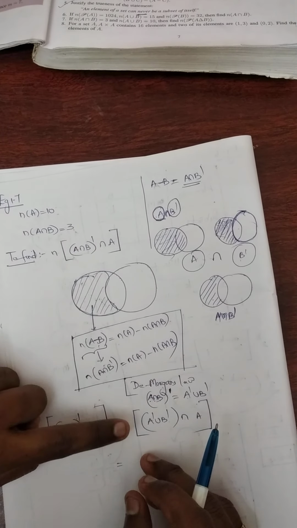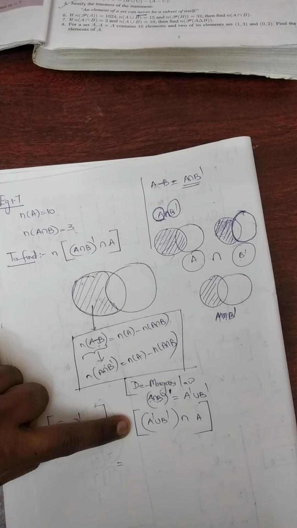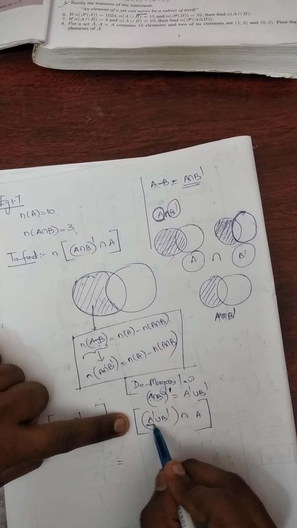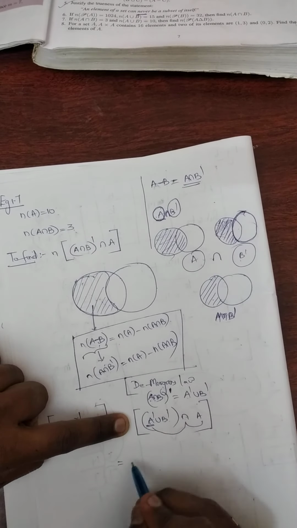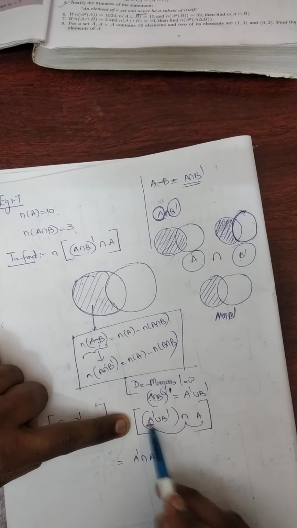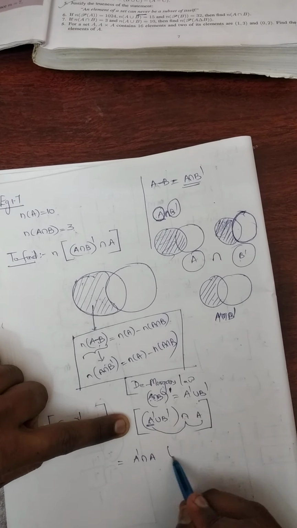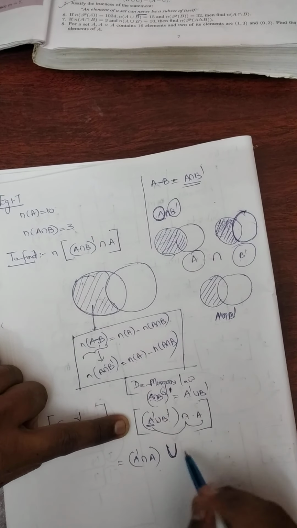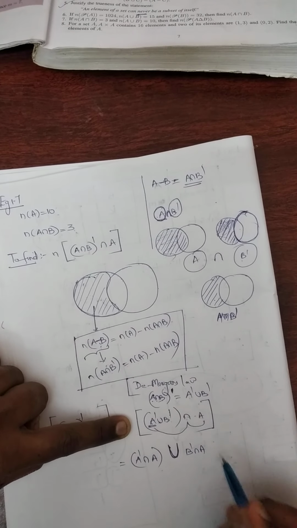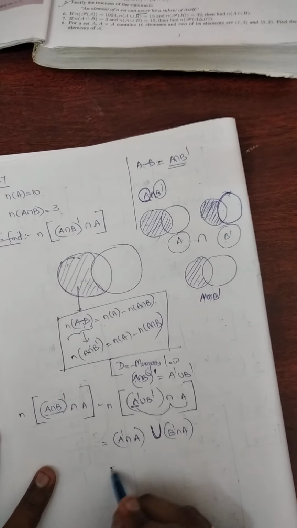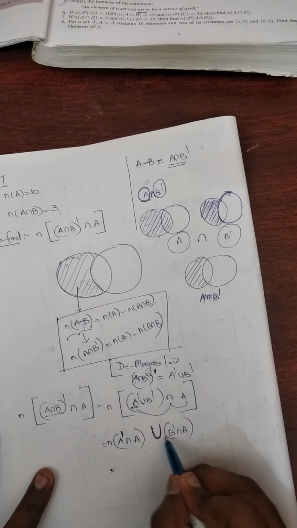Now don't write n yet, leave the n as it is. (A dash union B dash) intersection A. Take A dash intersection A, next union, B dash intersection A. Now put n here and n here.